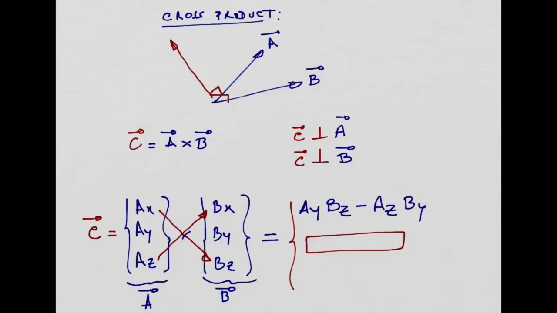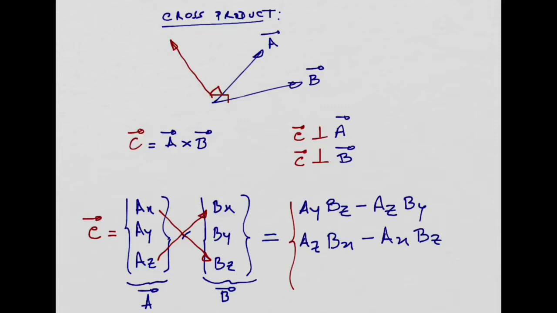There is a change in the sign here. So we are doing again the cross product, AZ times BX minus AX times BZ. This gives us the y component of this vector C.